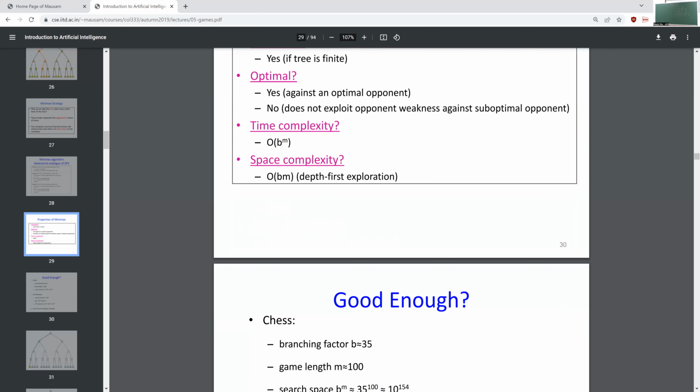You have to traverse all of them. That makes it order b to the power m time-wise. In the algorithm that we saw, we are actually doing a depth first traversal and propagating the value from bottom to up. And for depth first search, we know the space complexity is order bm.